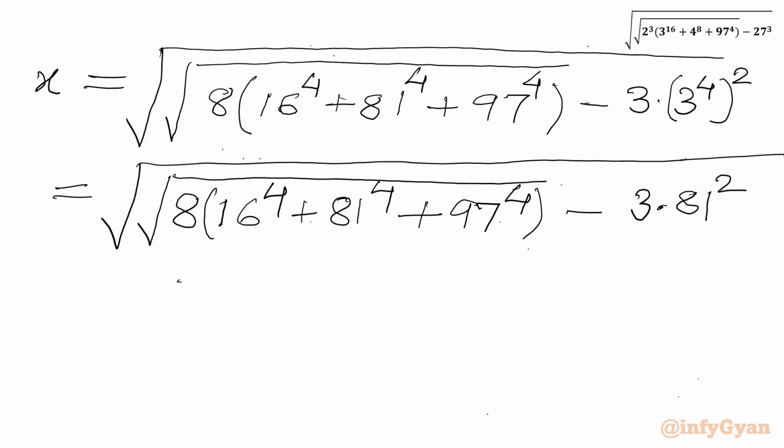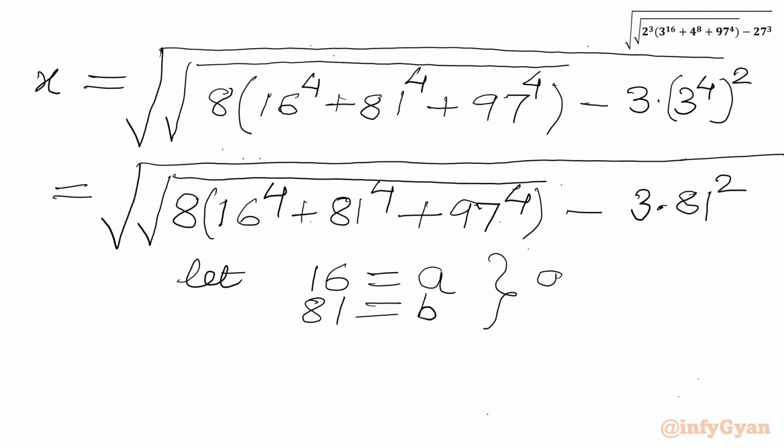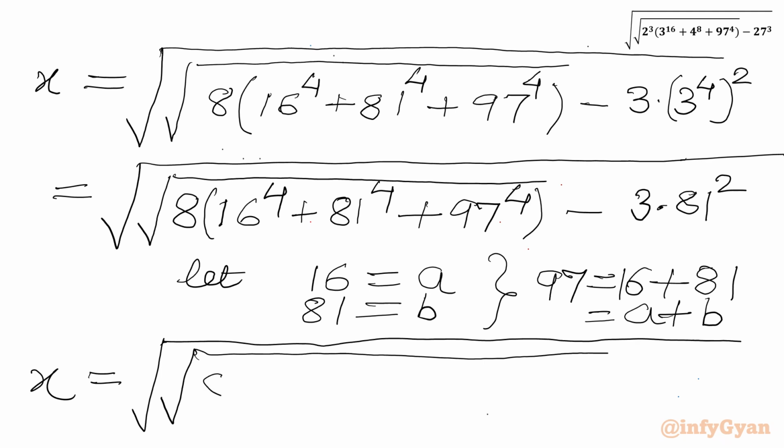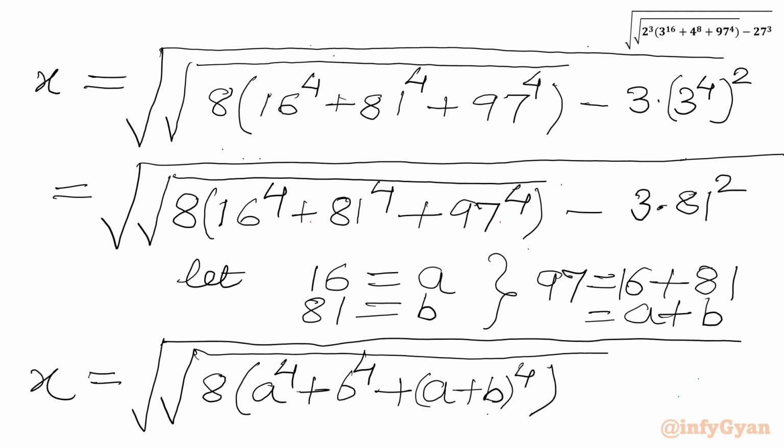Now we will consider substitution. Let's say 16 equal to A and 81 equal to B. So I can write here 97 will be equal to 16 plus 81, which is equal to A plus B. So our expression, we can write x equal to square root of 8 times in the bracket A power 4 plus B power 4 plus A plus B whole power 4, and then minus sign is there, 3B square.